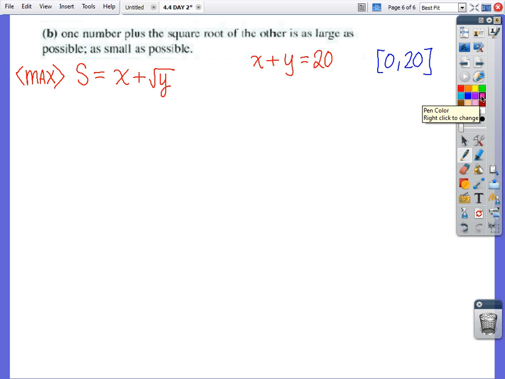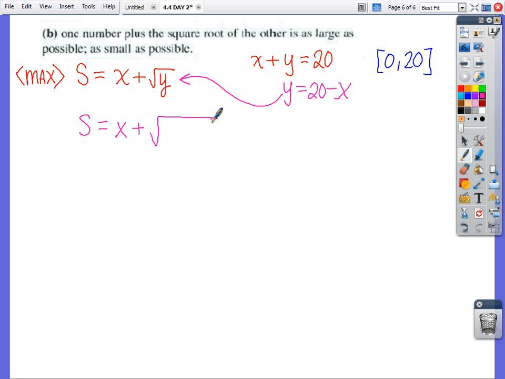I know what function I'm going to maximize. Therefore, I'm going to use the other information to simplify out a variable. So I end up with x plus the square root of 20 minus x. Now that I have only one variable, I can take my function and find its first derivative. Remember this is x plus (20 minus x) to the 1/2.